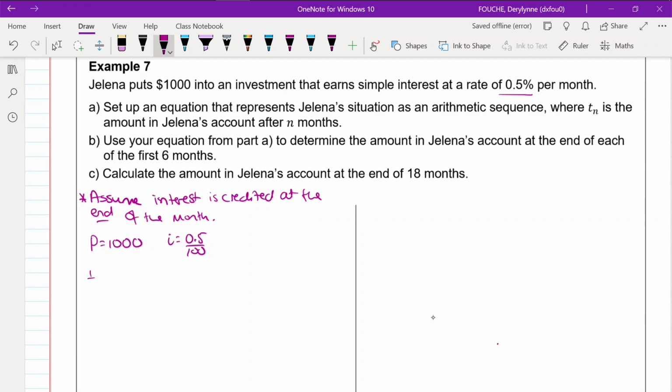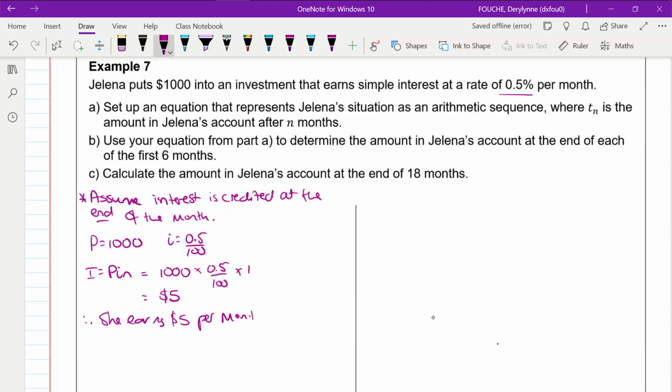So I know that I equals PRN, and that's going to be 1,000 times 0.5 over 100 times 1 month, and that gives me $5.